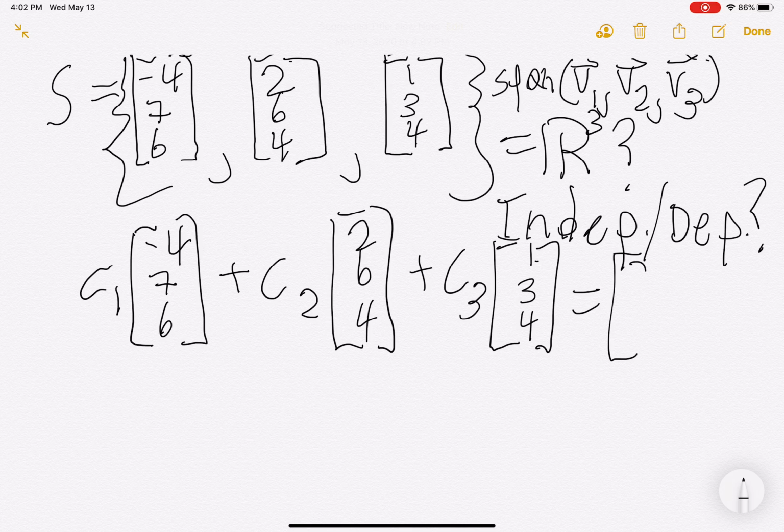And to prove this, we have to set this equal to some random x vectors. So we'll say x1, x2, x3. Right? So essentially we're trying to figure out the values of C. We're trying to provide a formula for which, if somebody were to give us these values of x, we'll be able to provide them with constants C1, C2, and C3.